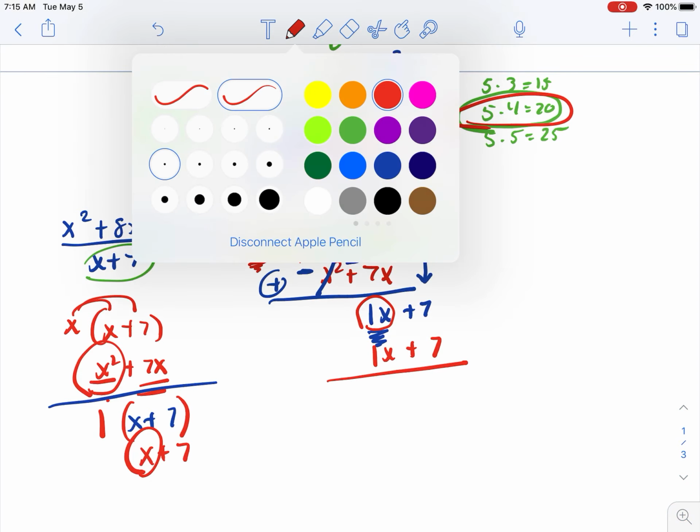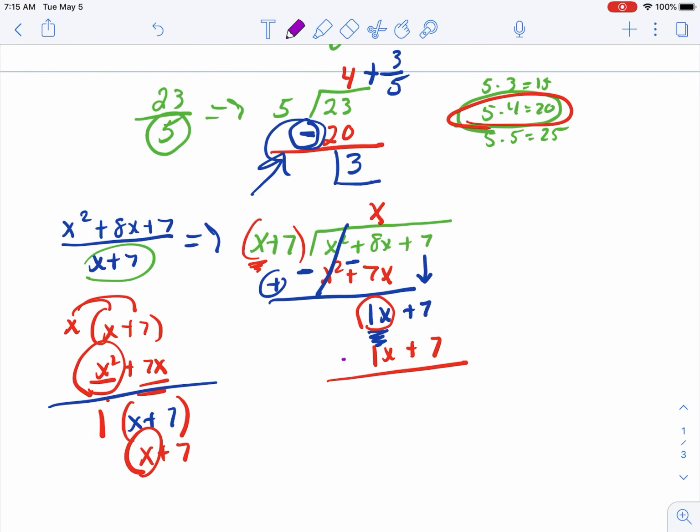So now I'll change my signs. So this becomes a negative. This becomes a negative, or if it was a minus, becomes positive. Cancel out, and that cancels out, which means there's no remainder here. And I did forget to put my plus 1 up here. Which means these are the two factors of these.